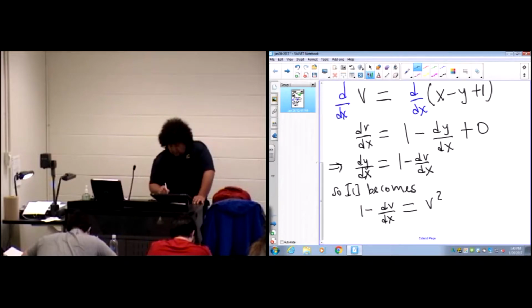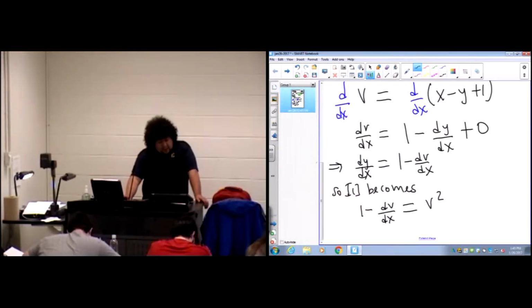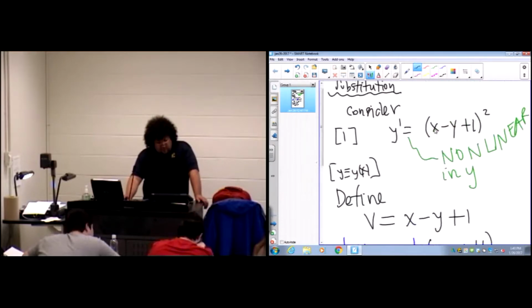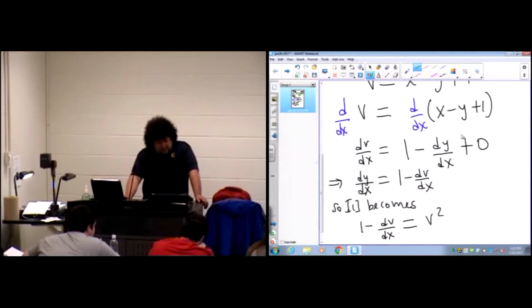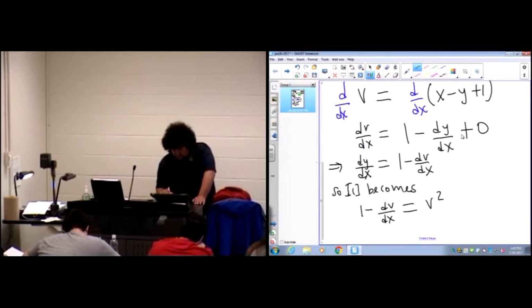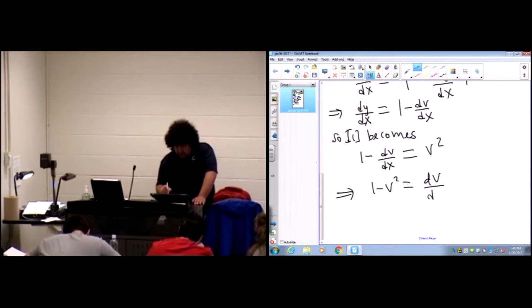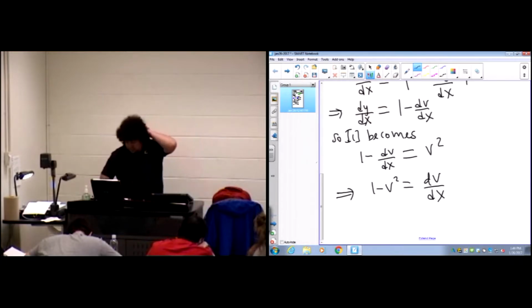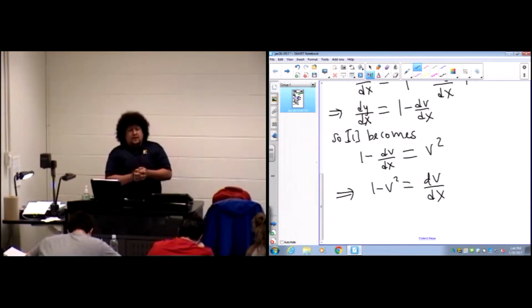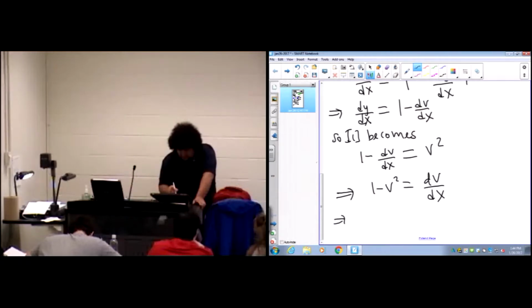That was the whole point of defining that new variable v, that we could express the right-hand side in terms of a new variable. And so by doing this, we can move v to the other side. So 1 minus v squared equals the derivative of v. Or, equivalently, the derivative of v on the left-hand side is 1 minus v squared.